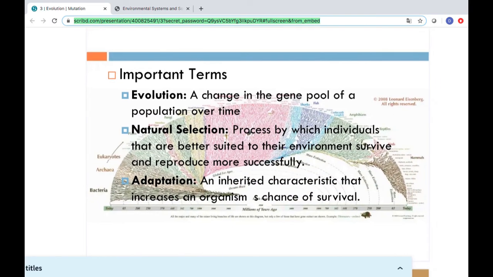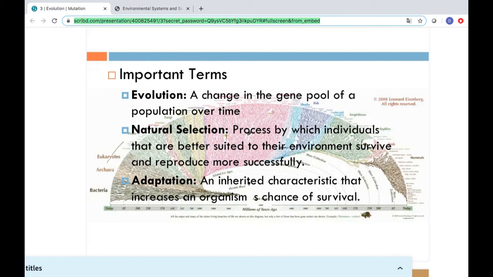Important terms that we must learn in this chapter are evolution. Evolution is a change in the gene pool of a population over time, or a gradual change of genetic characteristics in a long period of time. Natural selection is a process by which individuals that are better suited to their environment survive and reproduce more successfully.